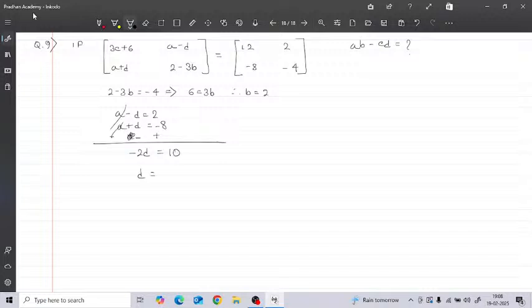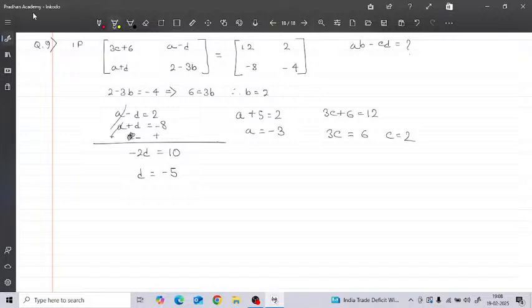So d will be minus 5. So what will be a? A value will be plus 5 equals 2. So a will be minus 3. And from 3c plus 6 equals 12, we get 3c equals 6. It means c equals 2.